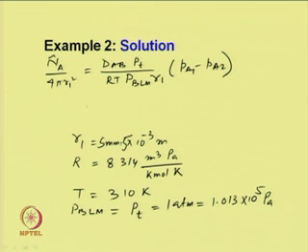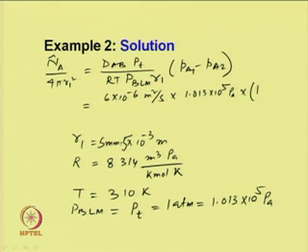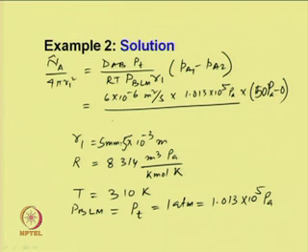So, if we substitute those values, which is 6 into 10 to the power minus 6 meter square per second, PT is 1.013 into 10 to the power 5 Pascal into 50 Pascal minus 0 divided by 8314 into 310 into 1013 into 10 to the power 5 into 5 into 10 to the power minus 3.